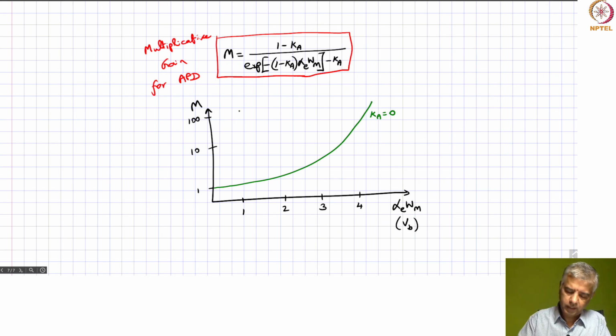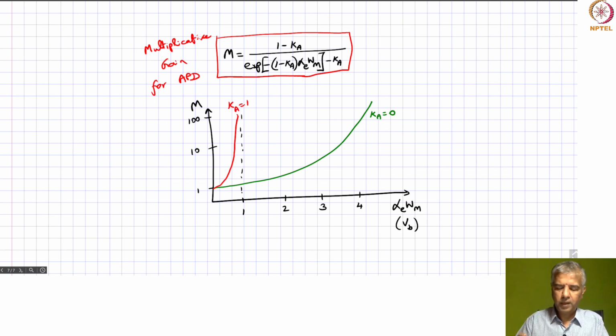What you will find is for that condition, it will tend to be asymptotic. It will work out to be 1 over (1 minus alpha E Wm). And so that will be asymptotic with respect to this value of 1. So it will be something like this. So this is for Ka equal to 1.